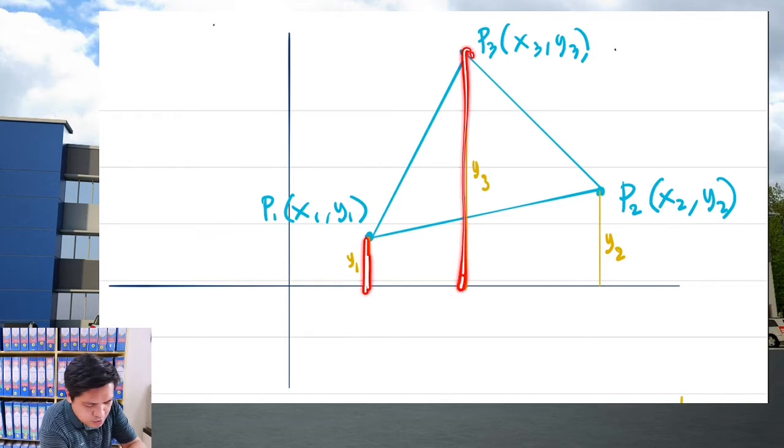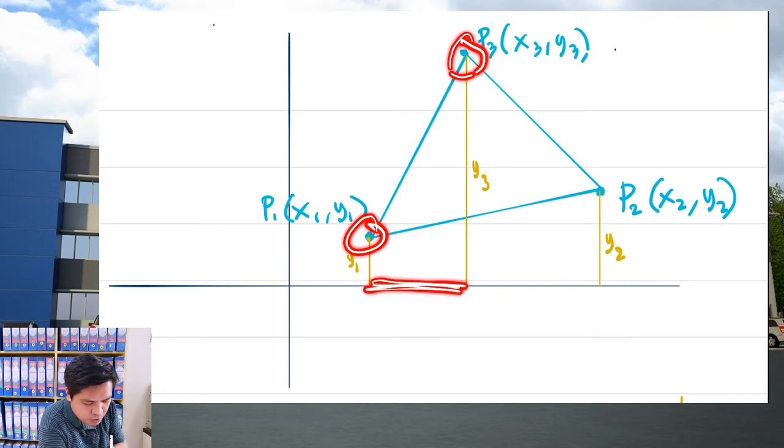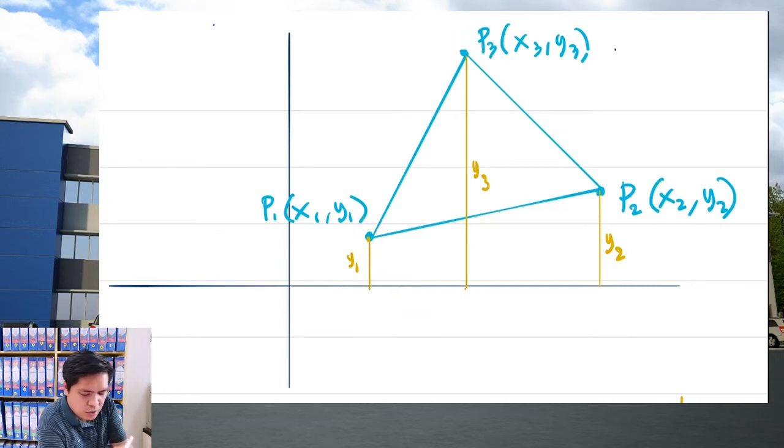This height and this height for this trapezoid. Now, let's look at the bases. So, etong base na to, that is the increment or the difference of the abscissa ng P3 and P1. So, ito yung difference niya, ang increment niya dito. So, that's x3 minus x1. Okay?